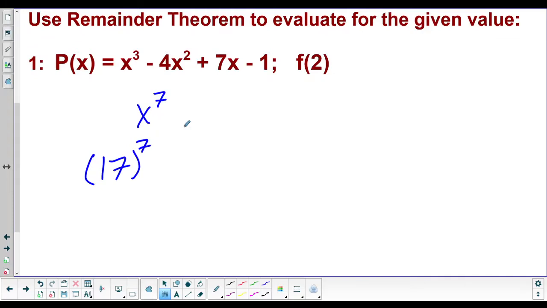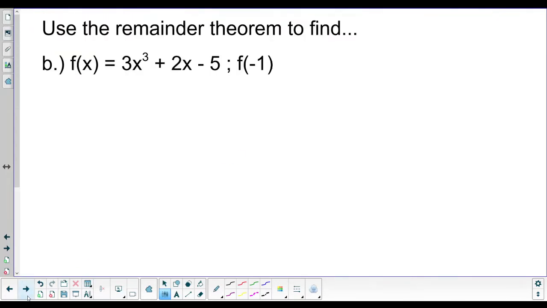So it helps you avoid having to do nonsense like this, right? So it makes problems that would be really, really crappy, even with a calculator, a little less crappy by doing them on paper.